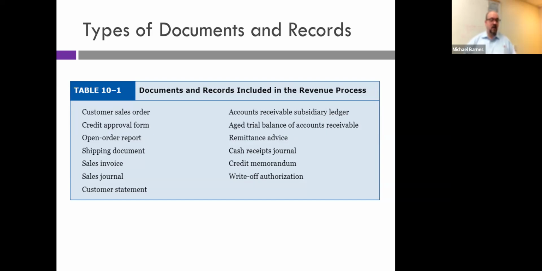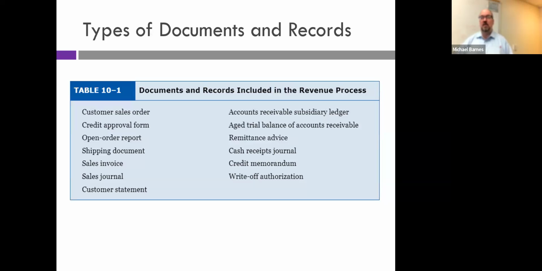Presumably, they're going to pay us back, so they're going to send us the payment. That's usually going to include a remittance advice, which tells exactly how much they owe, and we're going to record that in the cash receipts journal to record the payment of those items. There are a whole bunch of other items, bigger items and reports, associated with this. Keep in mind that any transactions that are on credit have to go through a credit approval process.